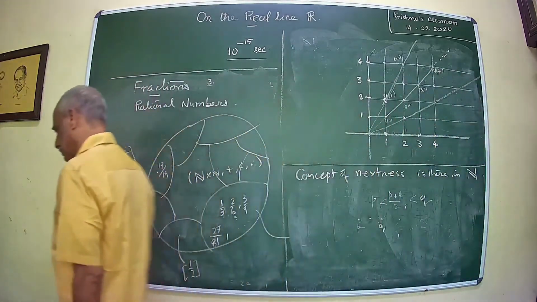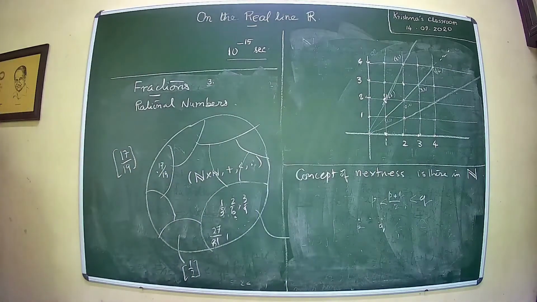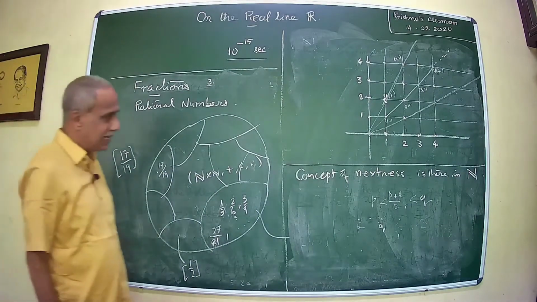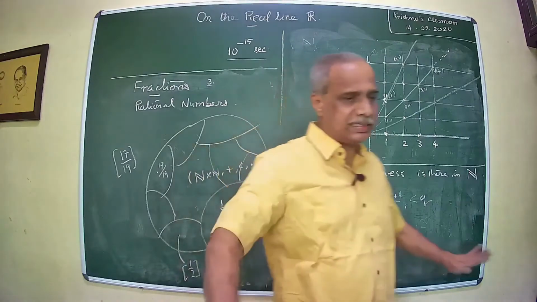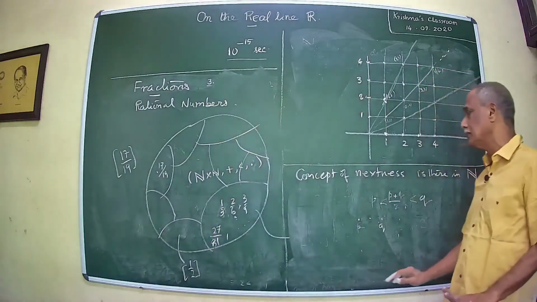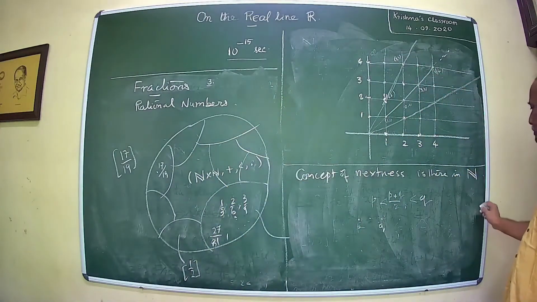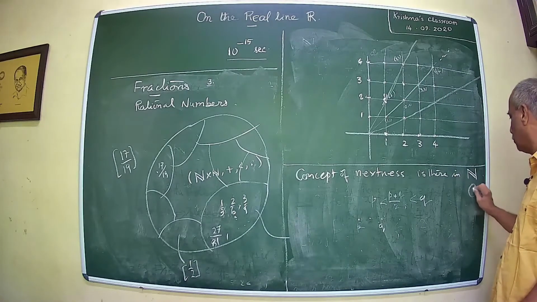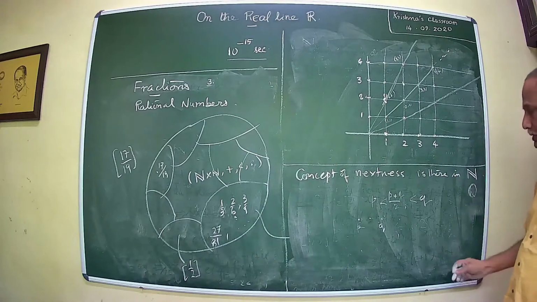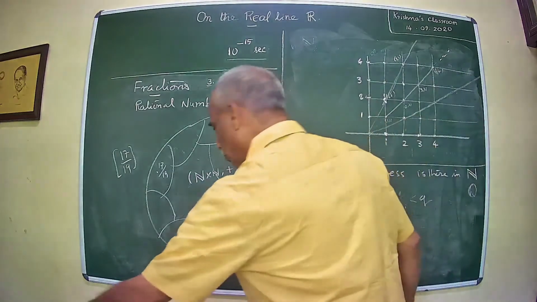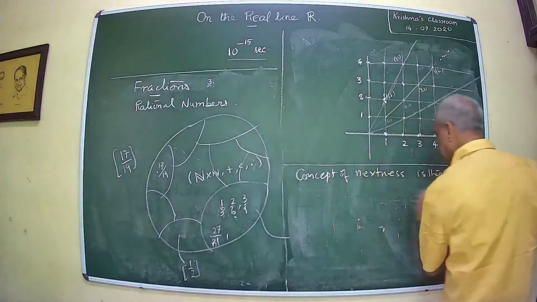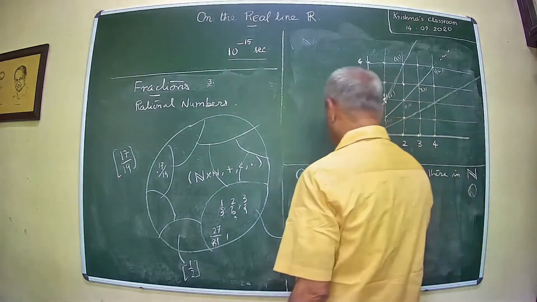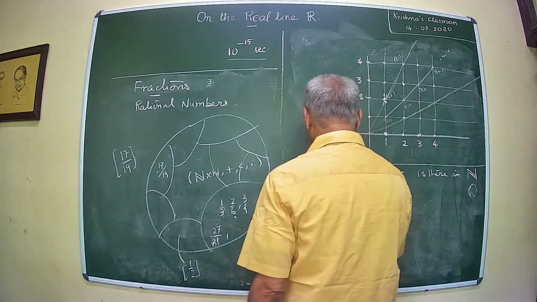So there is no concept of nextness any more valid in Q, the class of rational numbers. So this is the biggest casualty: no nextness.